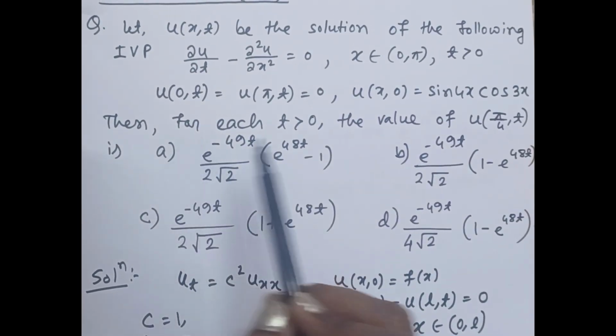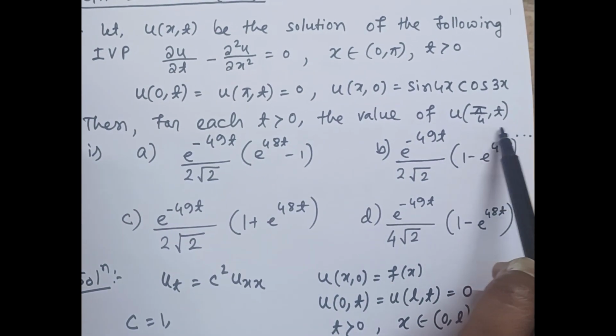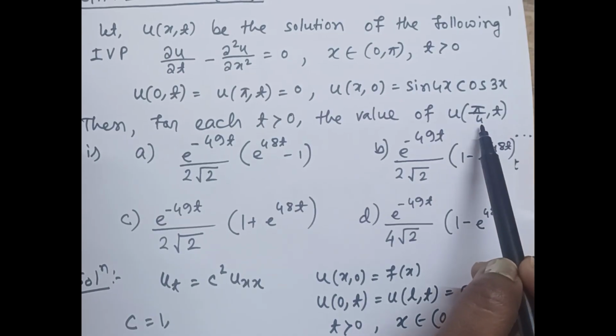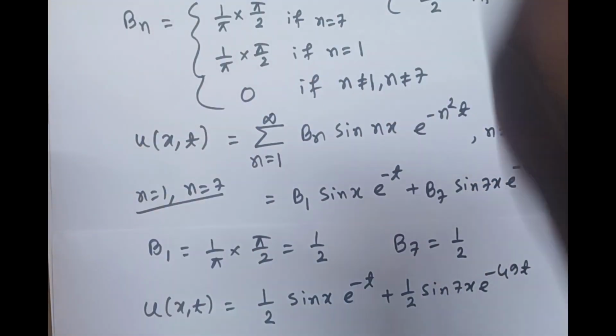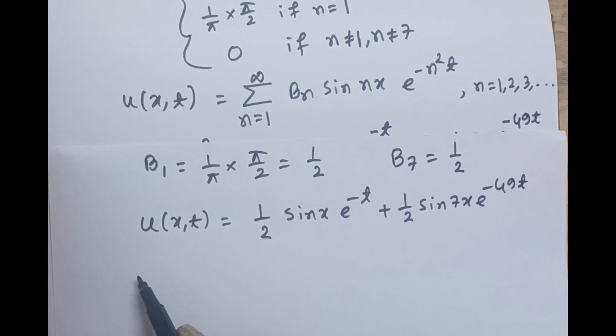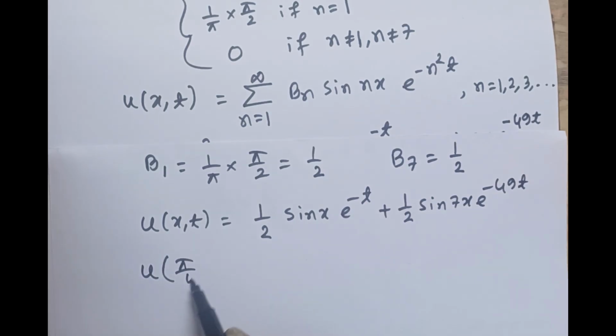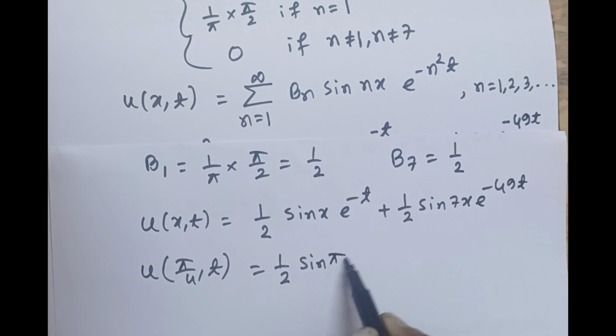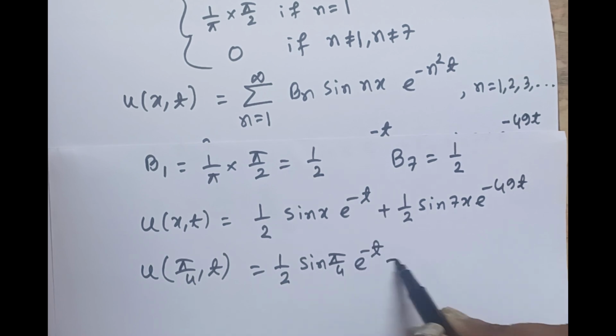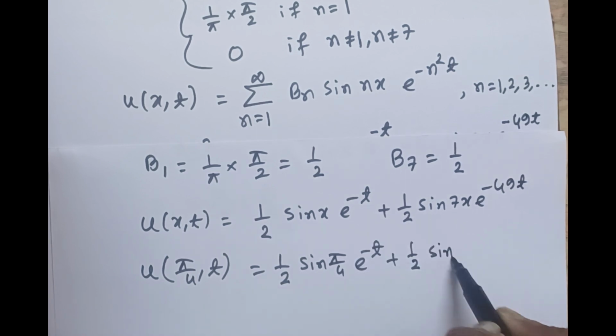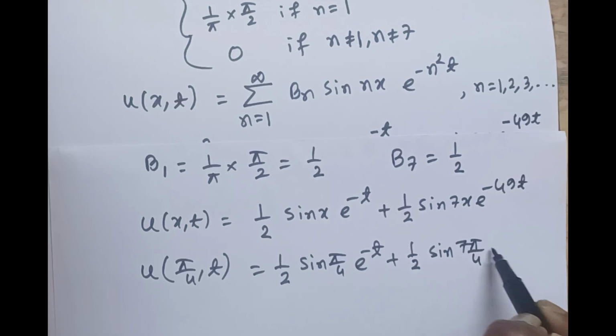Now we have to find u(pi by 4, t), that is, the value of x is equal to pi by 4. So we substitute the value of x: 1 by 2 sin(pi by 4) e power minus t plus 1 by 2 sin(7 pi by 4) e power minus 49t.